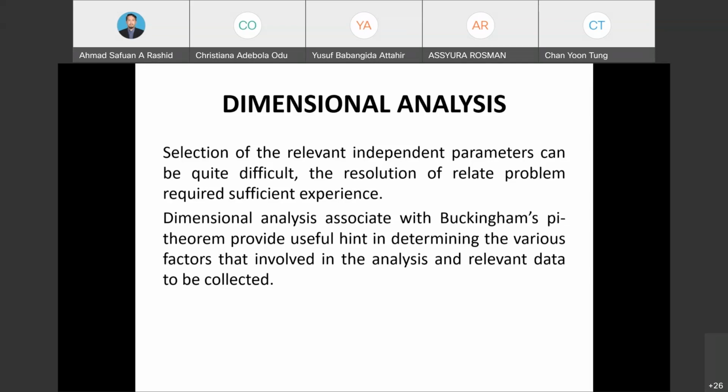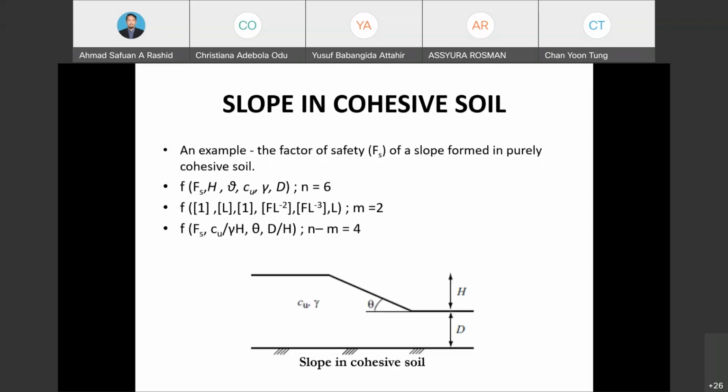So now we look at an example, which is more related to geotechnical engineering problems. For example, the factor of safety Fs of a slope formed in purely cohesive soil.